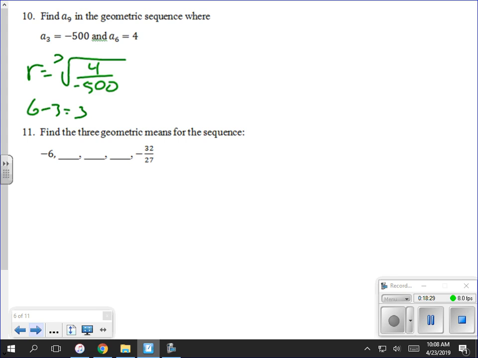And you get negative 1/5. So that's your R.